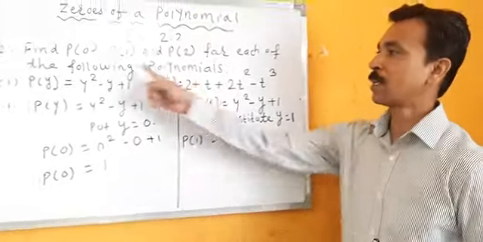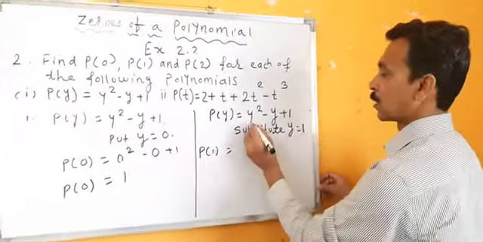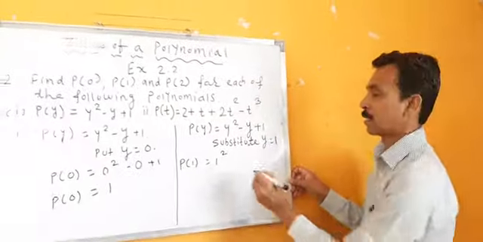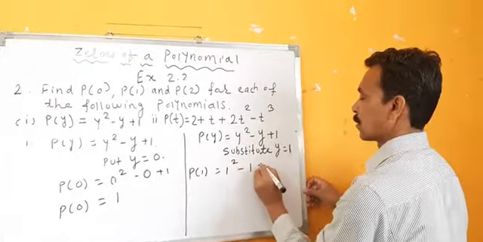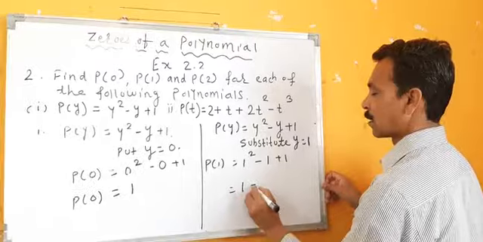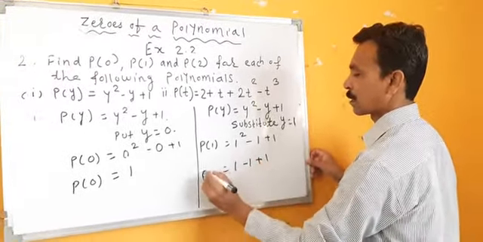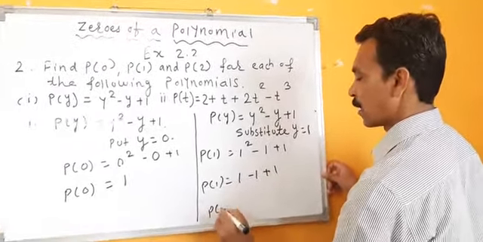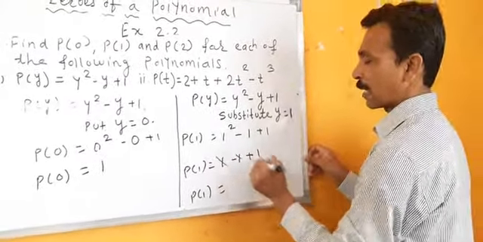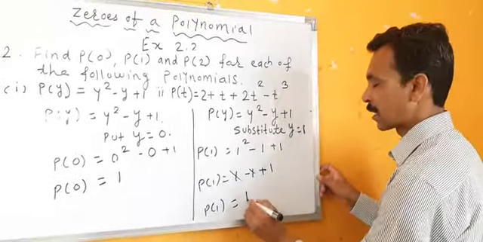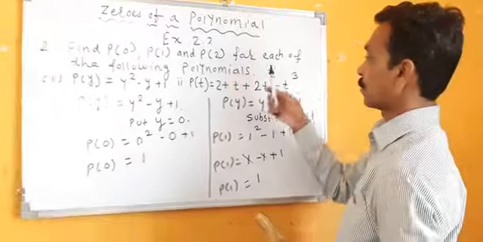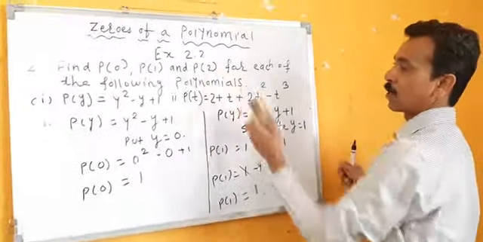Because you have to find the value of P of 1, which is y square, meaning 1 square, because the value of y is 1, minus 1 plus 1. 1 square is 1, minus 1 plus 1, right? So P of 1 is equal to this: 1 minus 1 gets cancelled, 1 and minus 1 get cancelled. What is left? Only 1. 1 is left.